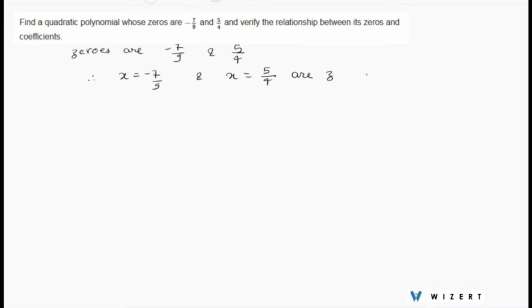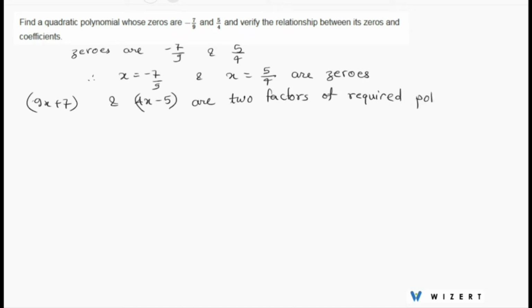So we can say that 9x plus 7 and 4x minus 5 are two factors of the required polynomial.